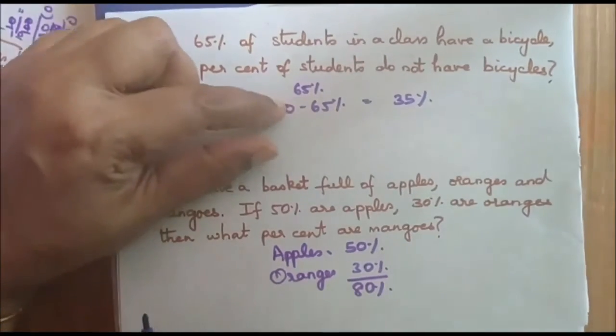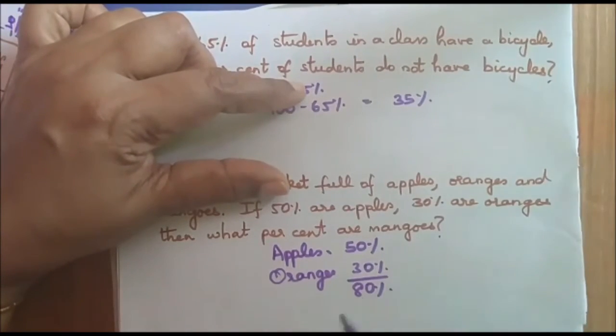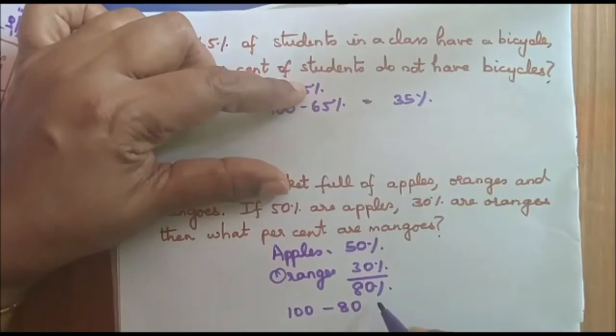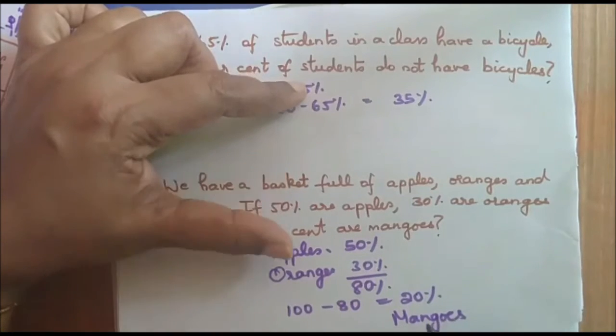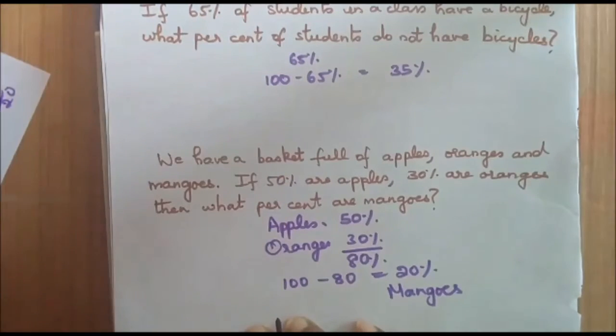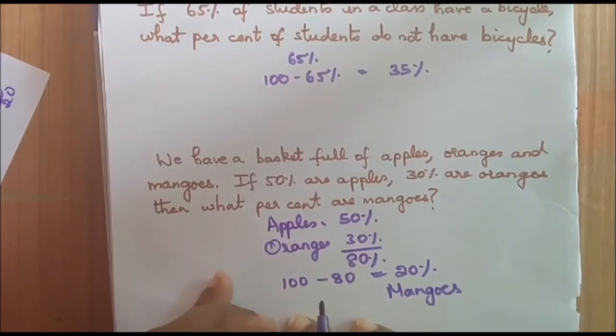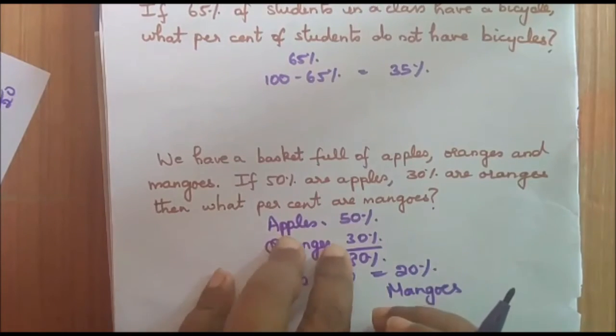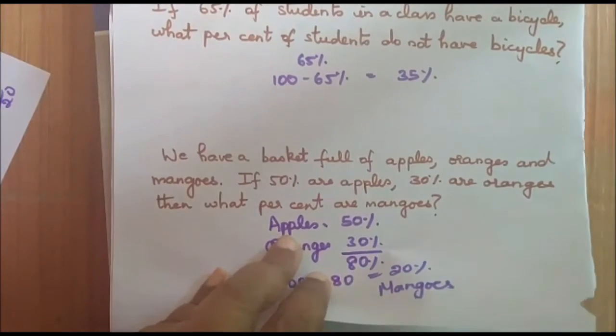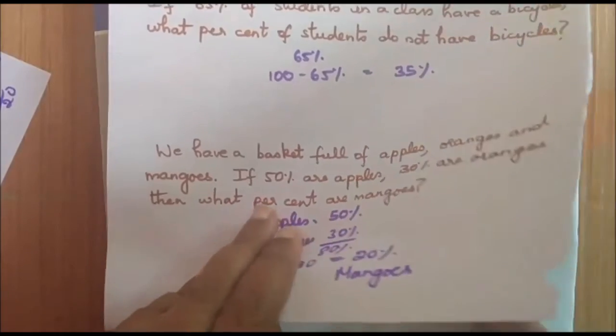So what is the percentage of mangoes? 100 minus 80, which is 20%, is the percentage of mangoes. You should subtract from 100 because we are asked in percent. Percent means 100, so 80 should be subtracted from 100 to get the percent of mangoes.